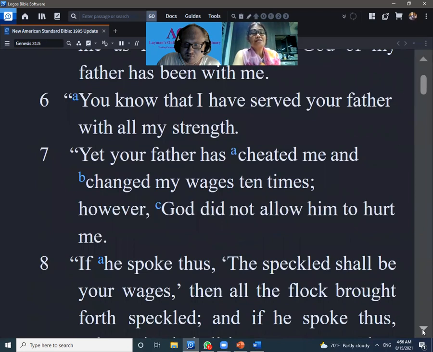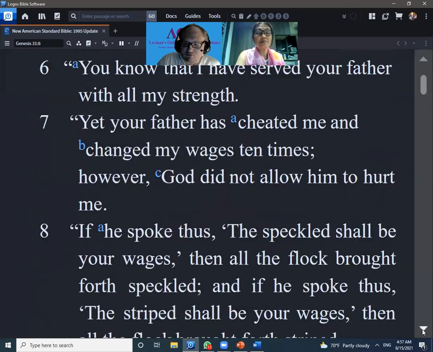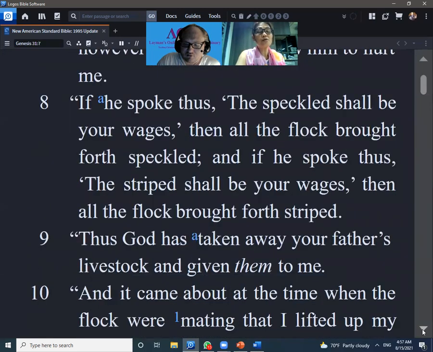You know that I have served your father with all my strength, yet your father has cheated me and changed my wages 10 times. However, God did not allow him to hurt me. If he spoke thus, the speckled shall be your wages, then all the flock brought forth speckled, and if he spoke thus, the striped shall be your wages, then all the flock brought forth striped. Thus God has taken away your father's livestock and given them to me.